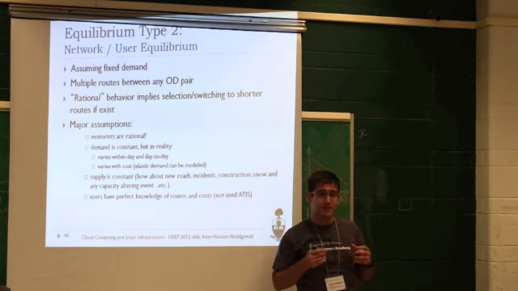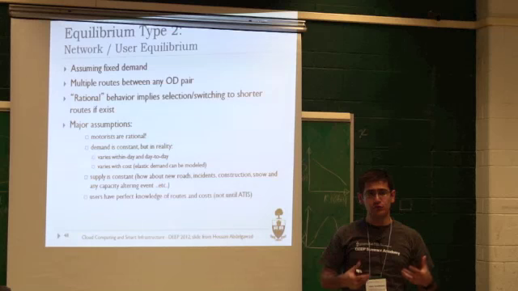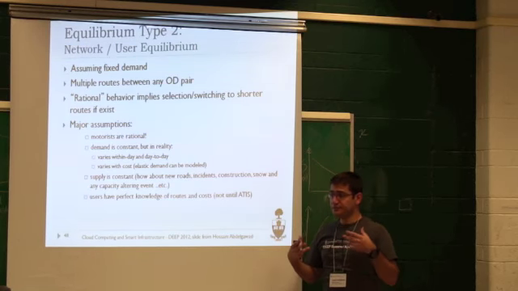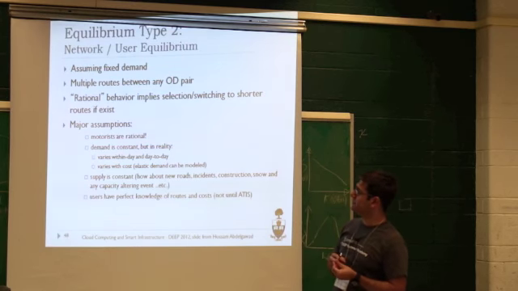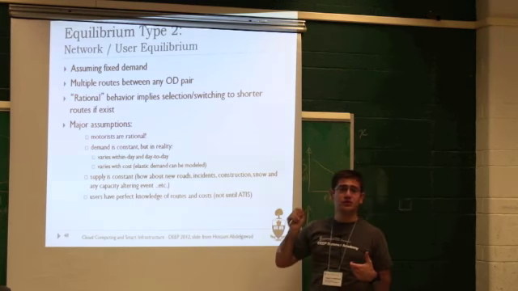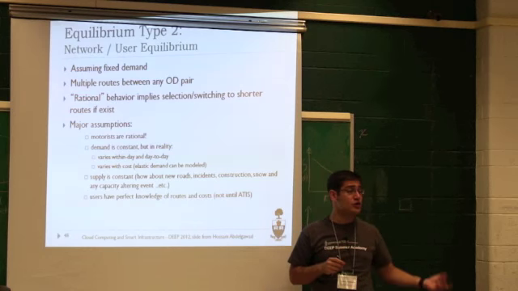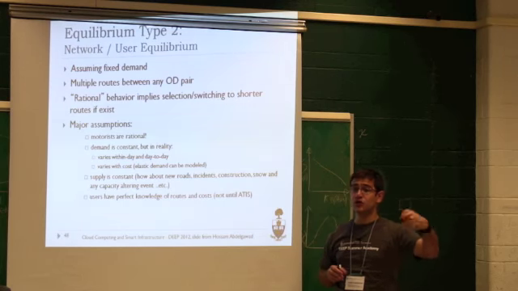So if people act in a rational way that would improve their own performance, basically, that's what we call user equilibrium. So you have multiple routes between any OD pair. OD stands for origin destination. And tomorrow you'll get to edit and change the OD pair.